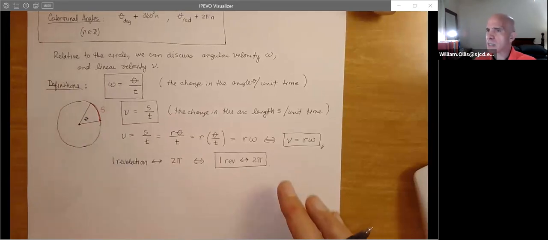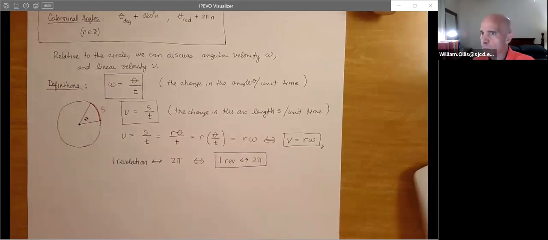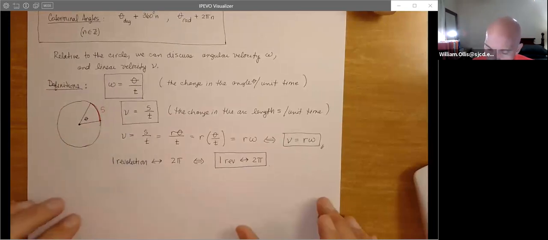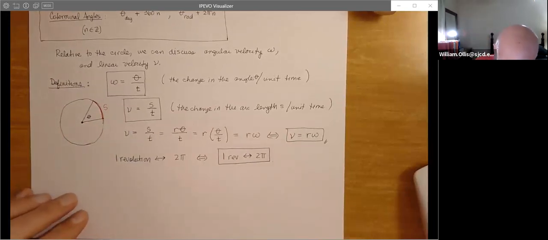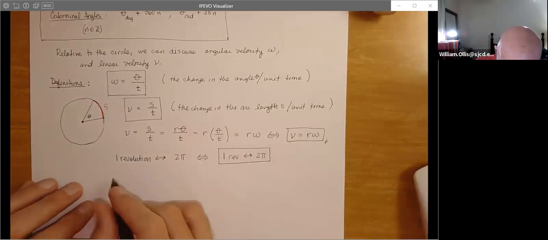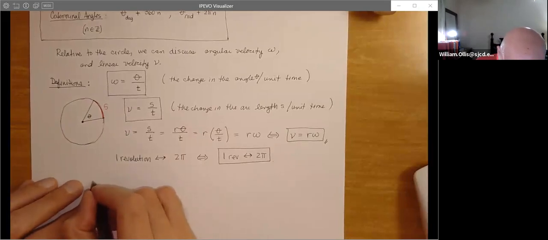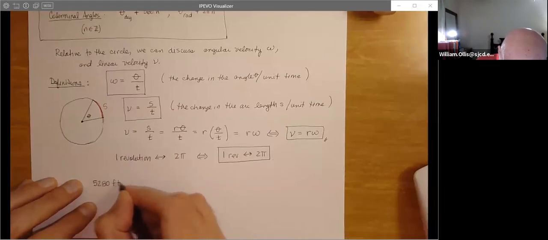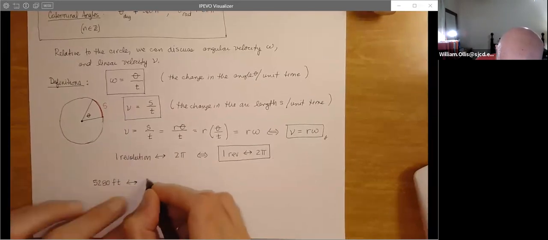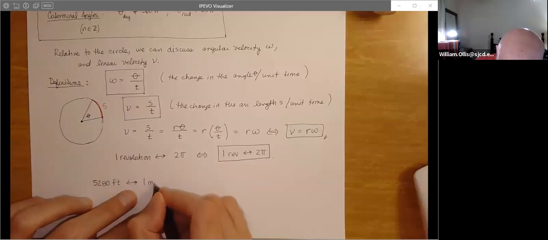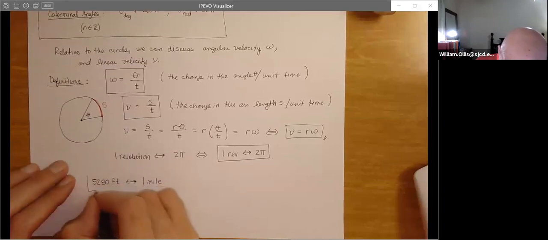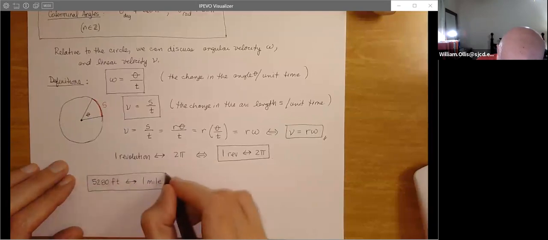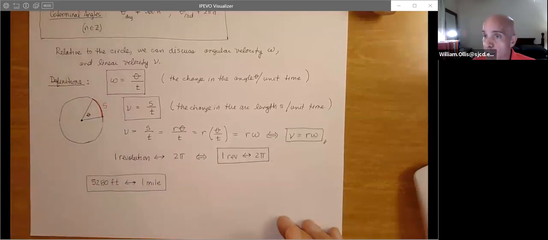Revolutions are like degrees. They're convenient, but they don't provide the pure measure. We have to move to the pure measure by a correct conversion factor. And another thing that's important too, that we'll see in these types of problems, we'll say 5,280 feet will correspond to 1 mile. And of course, you think, you're not in the first grade or the fifth grade, but this is an equivalence that we often use when we're doing these types of problems.